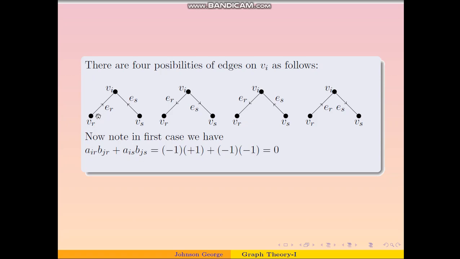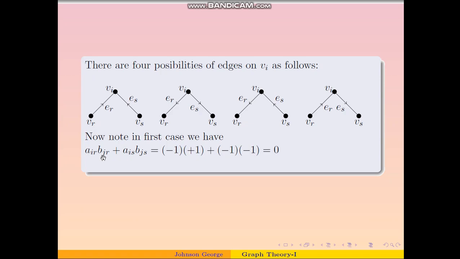Here we can see that the edge Er has terminal vertex Vi, and therefore its entry is -1. And also consider AIS. Then AIS is equal to +1 if the edge Es has initial vertex Vi, or else it is -1. But we can see that the edge Es has terminal vertex Vi, and therefore that entry is also -1. So we found that both the entries are -1.